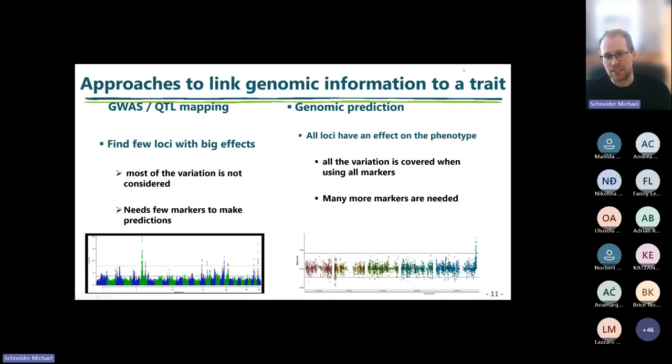And in the genomic prediction, we assume, contrasting to this, that all loci have an effect on the phenotype. So it's kind of the opposite of what we are expecting as a starting point. So we use all the markers that we have and assign a value to them, an effect value.